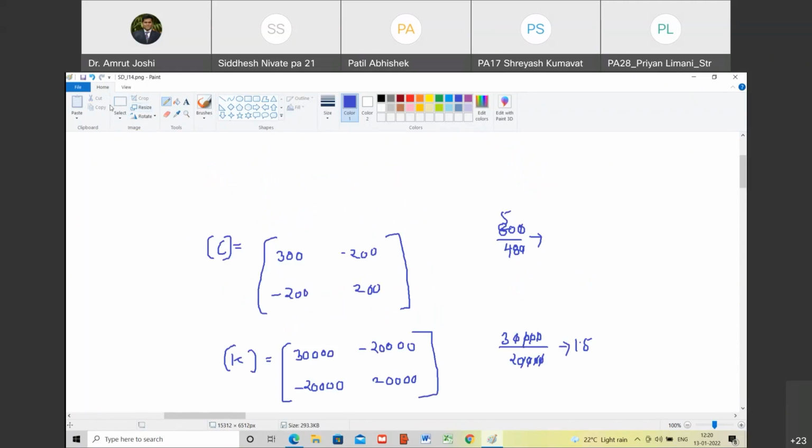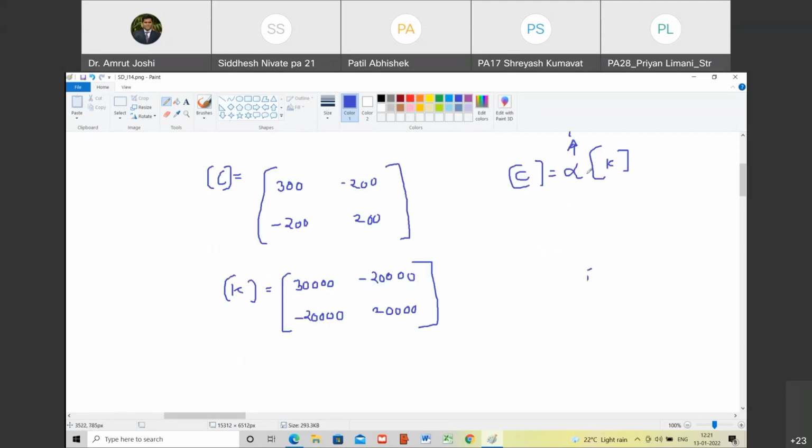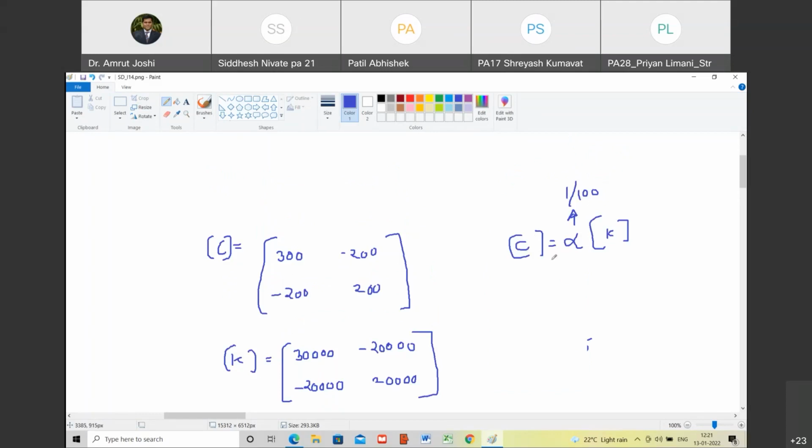Now let us have a comparison between the K matrix and the C matrix. Can I write the C matrix as some constant alpha multiplied by the K matrix? And what will be that constant? That constant alpha will be equal to 1 by 100 in this particular case. Do you agree with me? Look, each element of the K matrix, if I divide it by 100, I recover this C matrix.